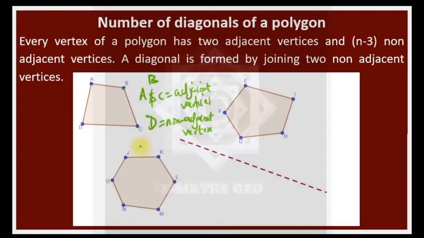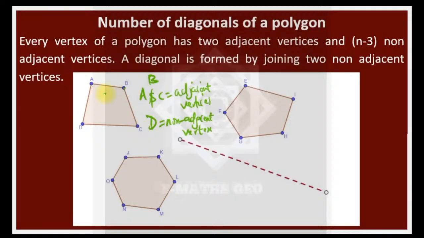So that's what we are saying. So from here, you notice that they said every vertex must have n minus 3. And of course, in any polygon, n is the number of sides. So if n is the number of sides, for us to get non-adjacent vertices, we will subtract 3, because we have 2 adjacent.